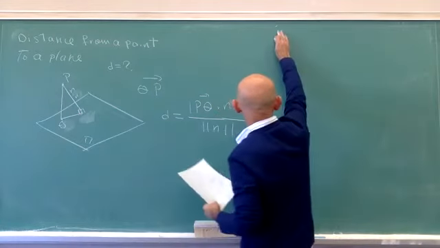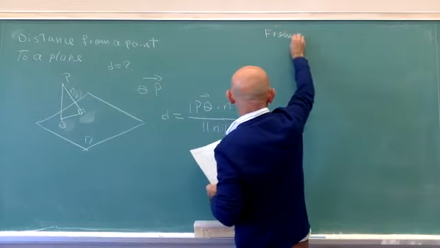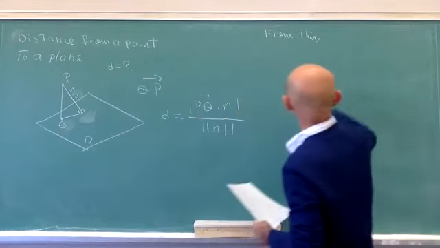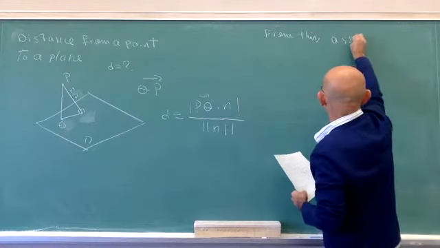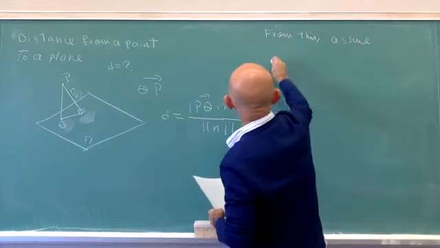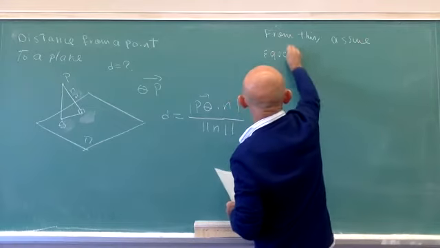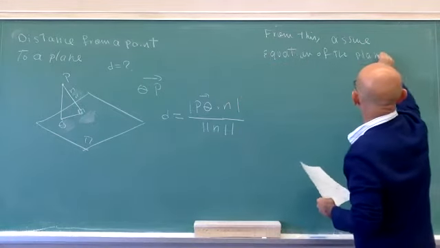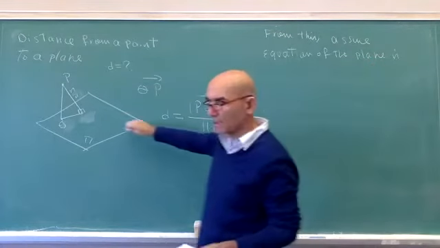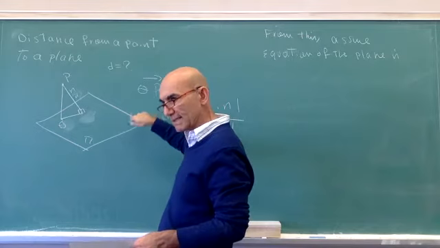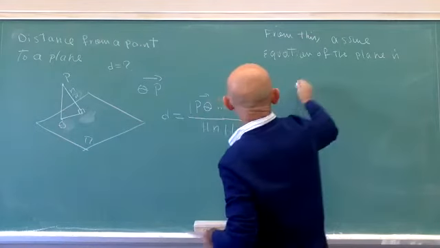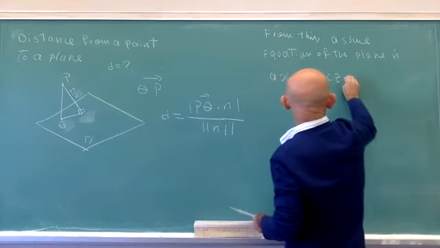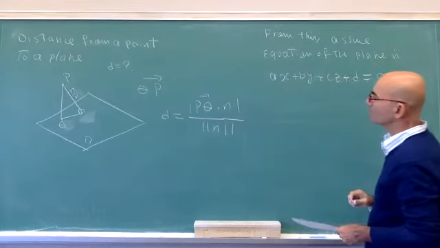So from here, assuming the coordinates of P and the equation of the plane, let's give an equation to this plane. This would be ax plus by plus cz plus d equal to 0, right?